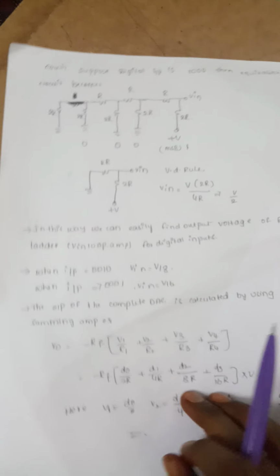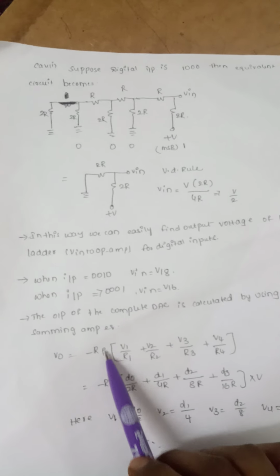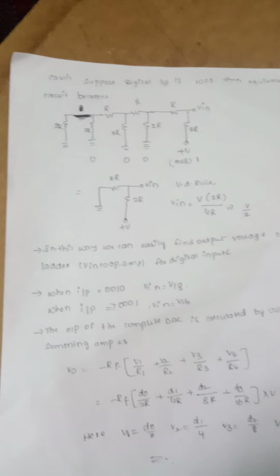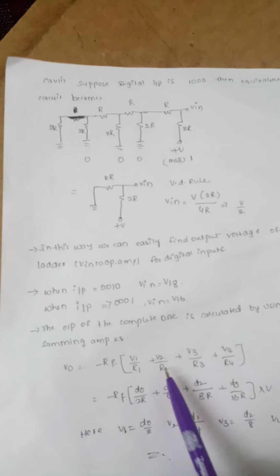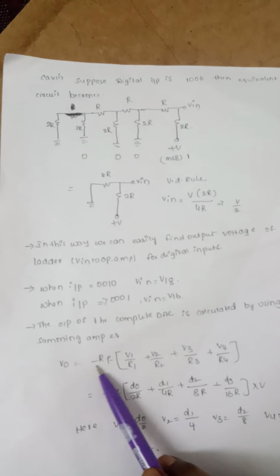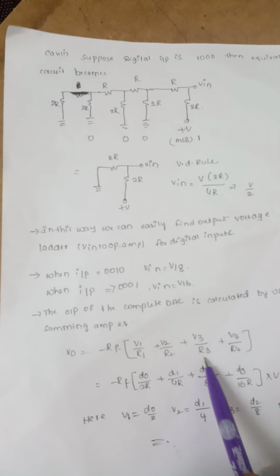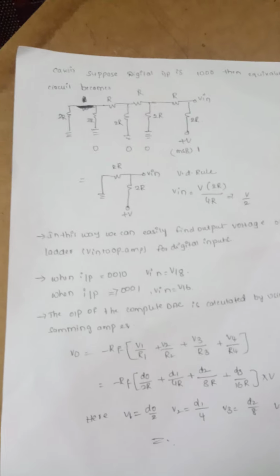So the op amp complete output for that R-2R ladder is V output equals minus RF by, means it acts as an inverting summing amplifier. For an inverting summing amplifier, output equals minus RF into V1 by R1 plus V2 by R2 plus V3 by R3 plus V4 by R4.